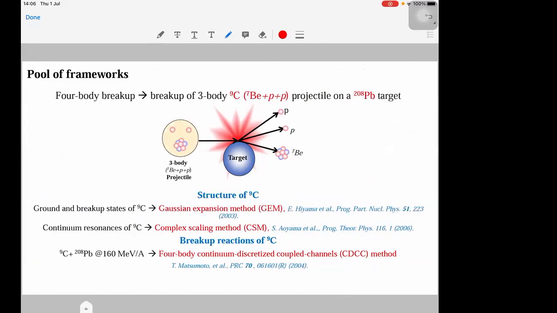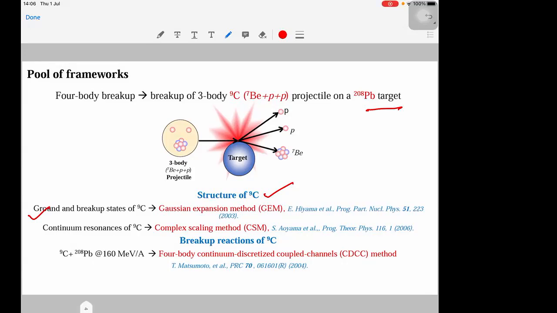In order to study the breakup of 9-carbon on a target, we use a few frameworks. In this whole story, 9-carbon is our projectile and lead is the target. To study the structure of 9-carbon, we make use of the Gaussian expansion method for studying the ground and breakup states of 9-carbon.